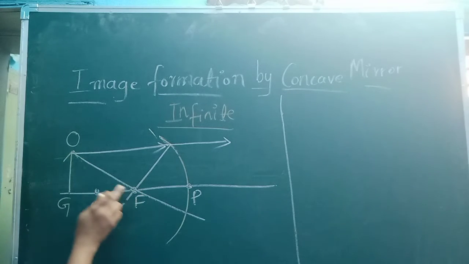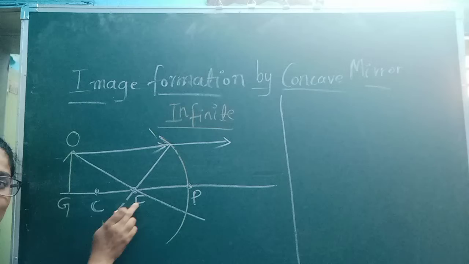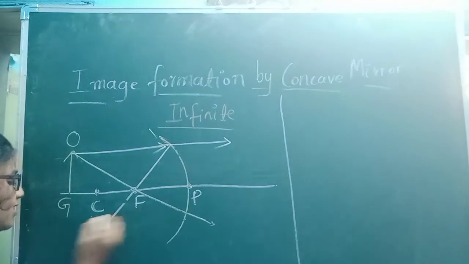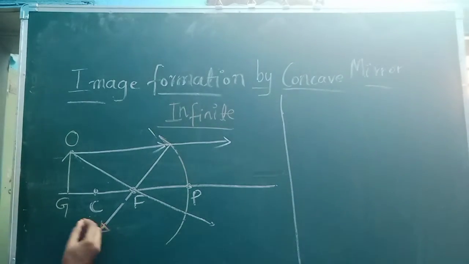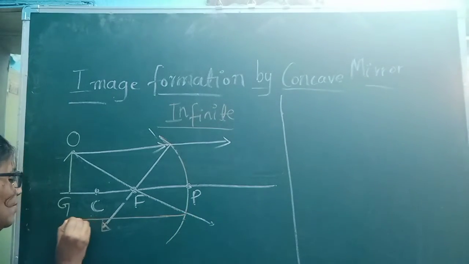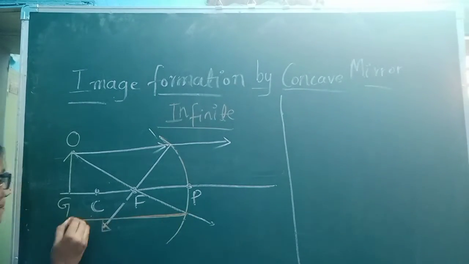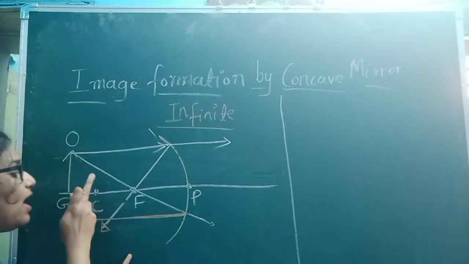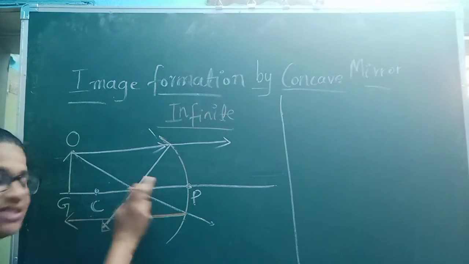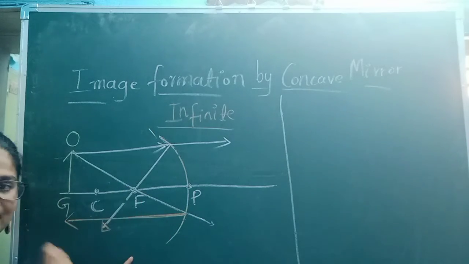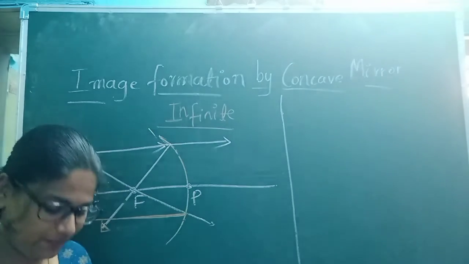This incident ray passes through the principal focus, and we know that the reflected ray will be parallel to the principal axis. Whenever an incident ray passes through the principal focus, the reflected ray will be parallel to the principal axis. That we learnt in the last video.